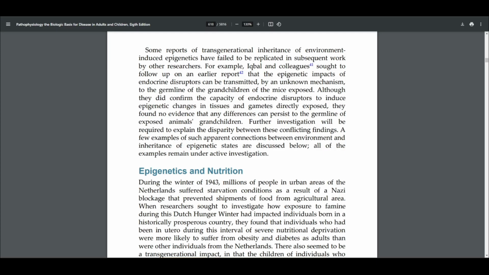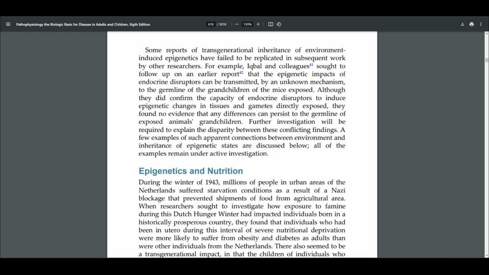Some reports of transgenerational inheritance of environment-induced epigenetics have failed to be replicated in subsequent work by other researchers. For example, Iqbal and colleagues sought to follow up on an earlier report that the epigenetic impacts of endocrine disruptors can be transmitted by an unknown mechanism to the germline of the grandchildren of the mice exposed.